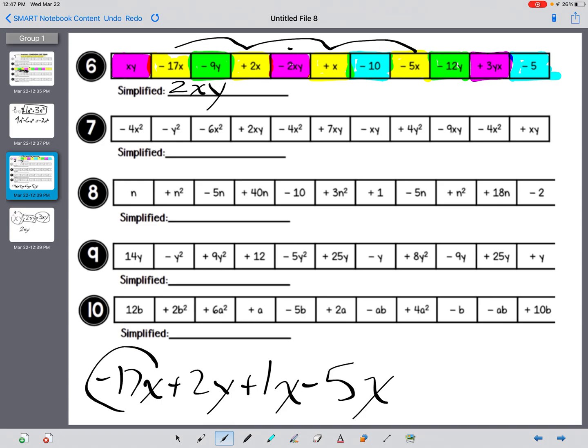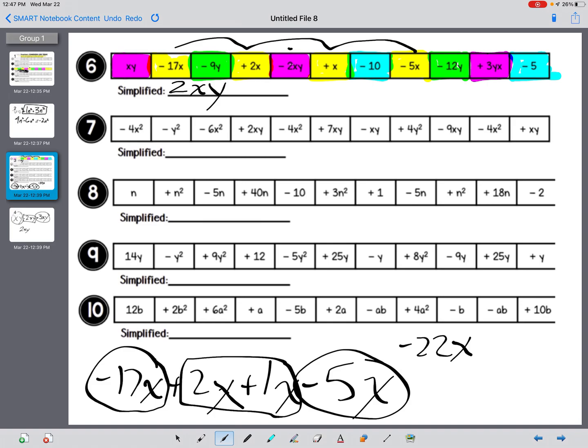It's easier sometimes just to combine the negatives first. We have a negative 17x and then minus 5x. That's negative 22x. Then we have a 2x and a 1x. That's 3x. So it's a positive 3x. So it's like negative 22x plus 3x, or you could just say 3x minus 22x. That's going to give us negative 19x.